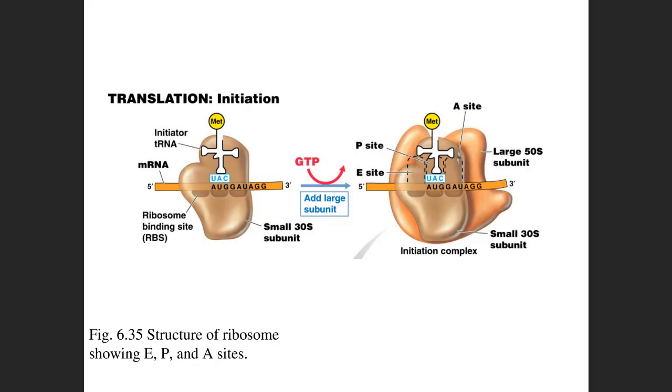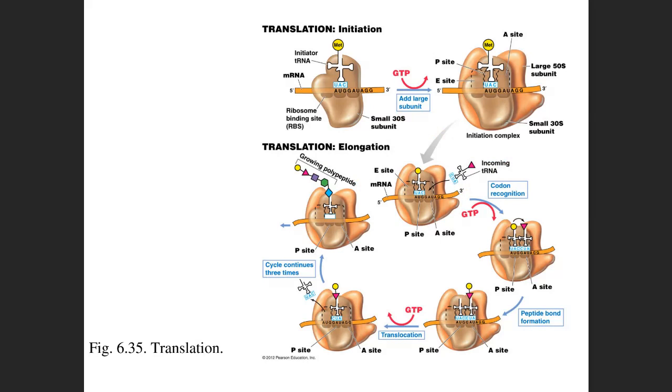The start of translation requires the formation of the initiation complex. This is also a complex process, and translation itself cycles, with more factors involved, and you have the ribosome, the small unit and the large unit.